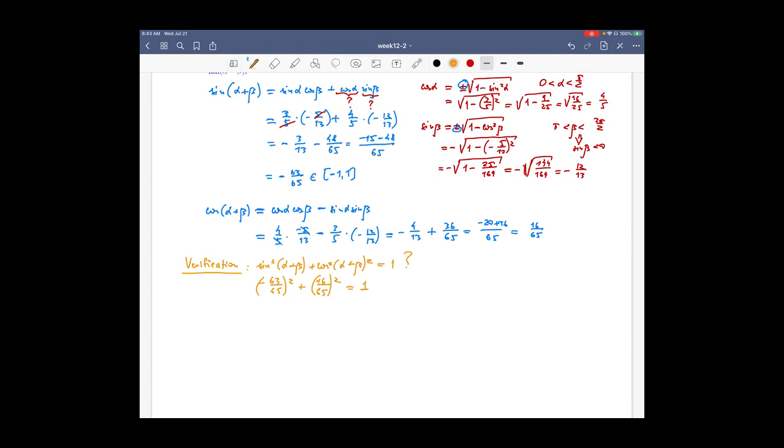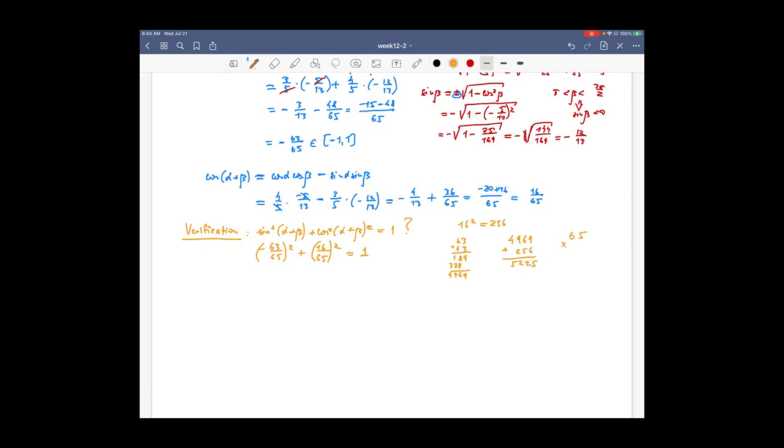Now, 16 squared is 256, 63 squared is 3969. So 3969 plus 256 is 4225, and what's left to do is compute the square of 65.